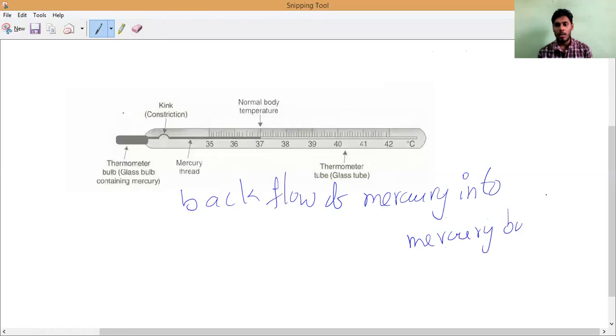Do you understand? So that is the reason why in this clinical thermometer, this constriction or nick is called a special feature. When we measure the body temperature and remove it, this nick will never allow the mercury to flow back to the mercury bulb, so we can measure the temperature even after removing it from the substance.